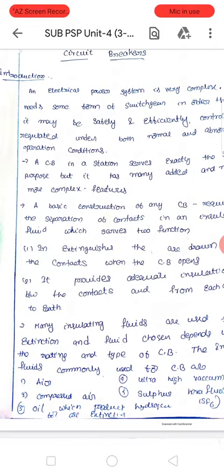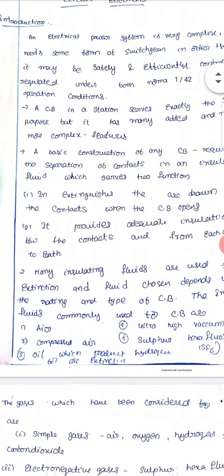Next, for arc extinction purposes, there are many insulating fluids, but we choose mainly depending upon the rating and type of circuit breaker. The insulating fluids used are: first air, second compressed air, third oil, fourth ultra high vacuum, fifth sulfur hexafluoride, that means SF6.